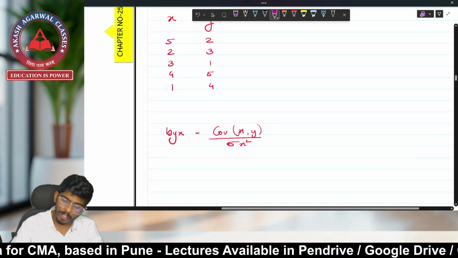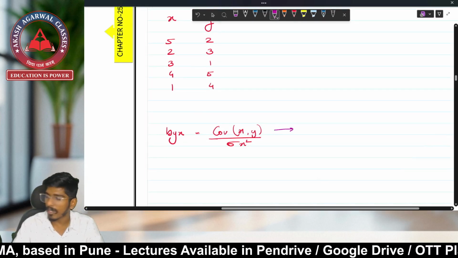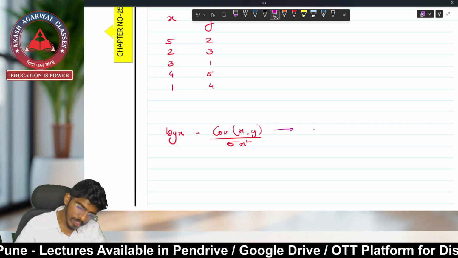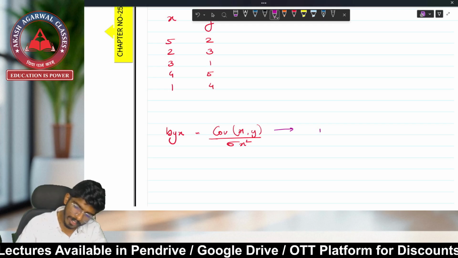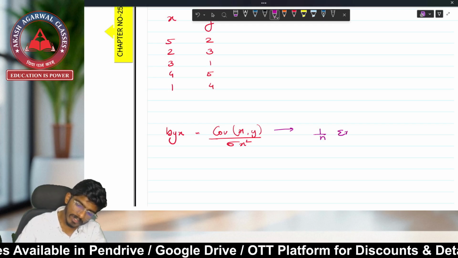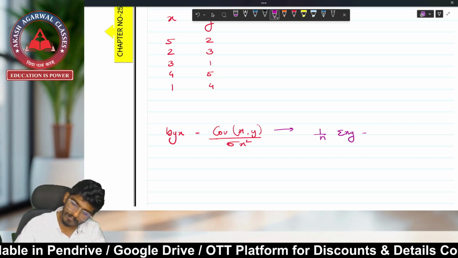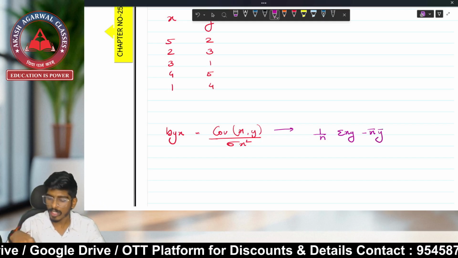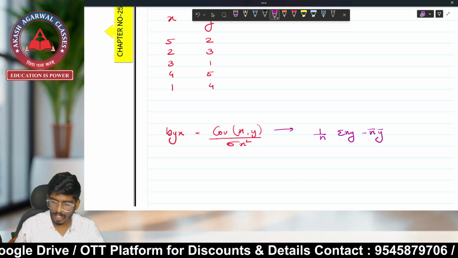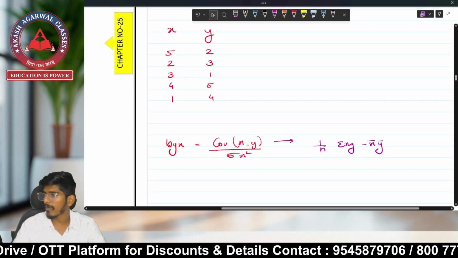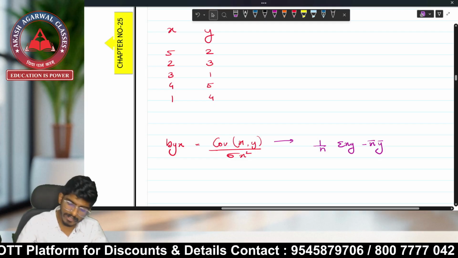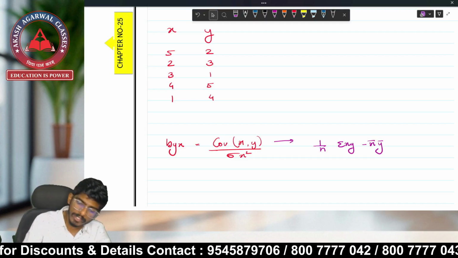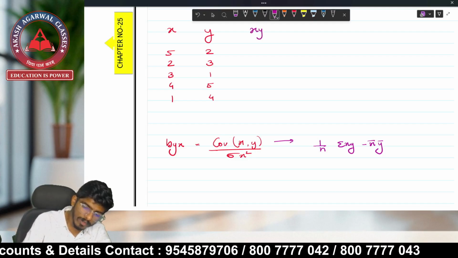If you remember the formula for covariance, it was 1 upon n summation of xy minus x bar into y bar. This was your covariance formula. So here I need x bar and y bar. For that, I need summation of x, summation of y, and I also need xy. So I need x into y.